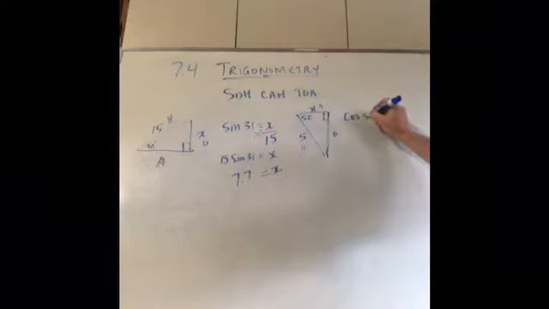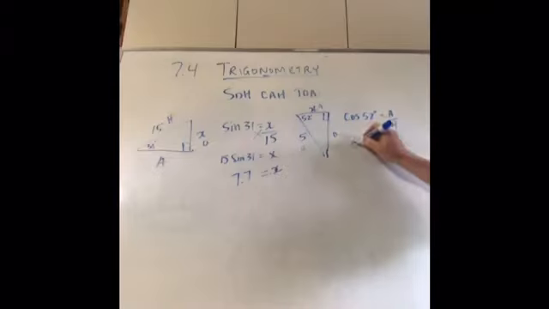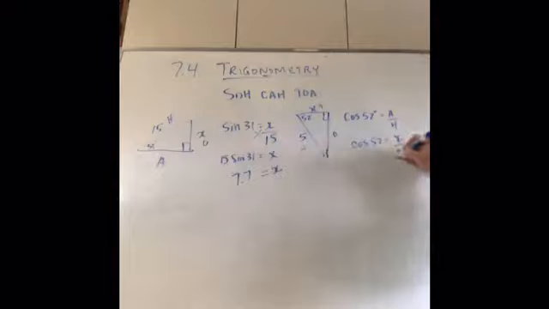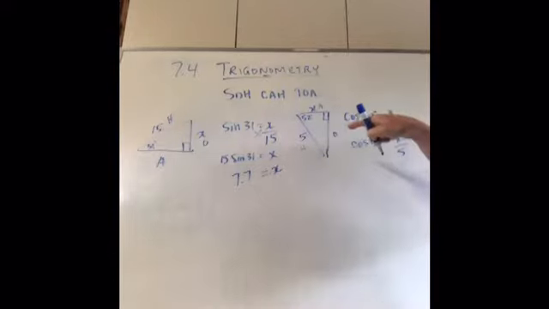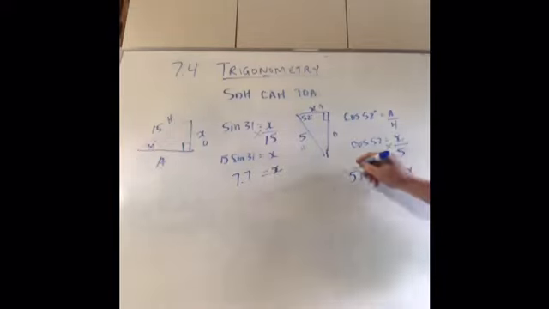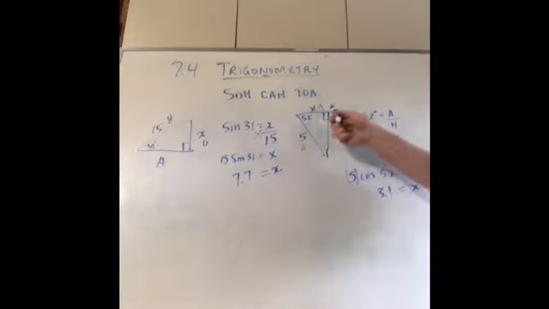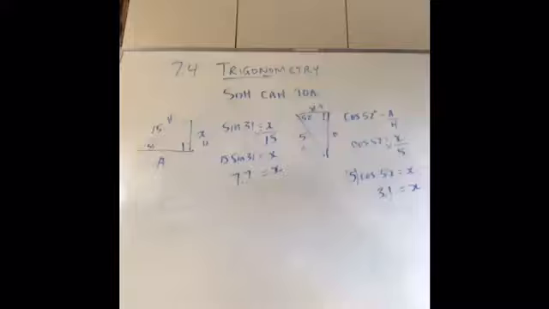Cosine 52 degrees is equal to A over H. Cosine 52 is equal to x over 5, subbing in the x on the adjacent side and the 5 on the hypotenuse side. We do a cross multiplication. If you want to put brackets in, you can. When we do this, we get 3.1. So the length of our adjacent side is 3.1.